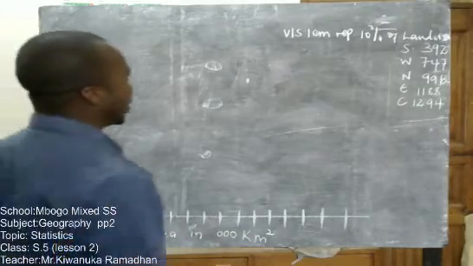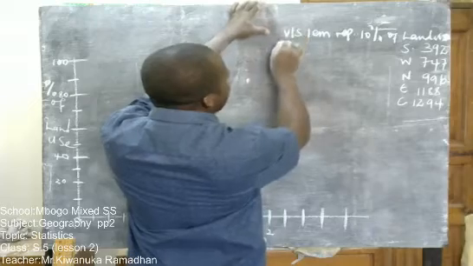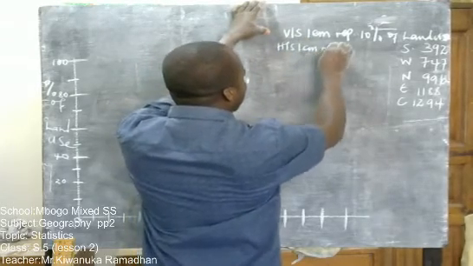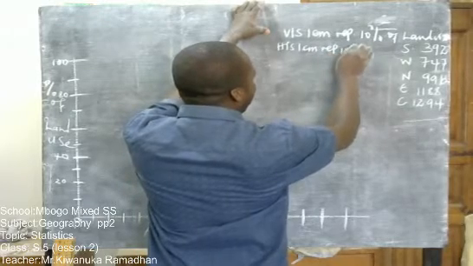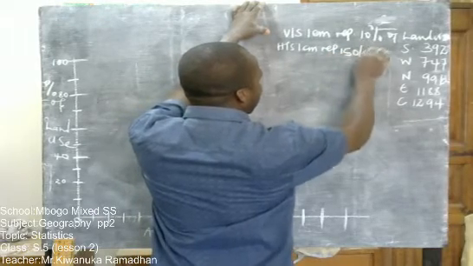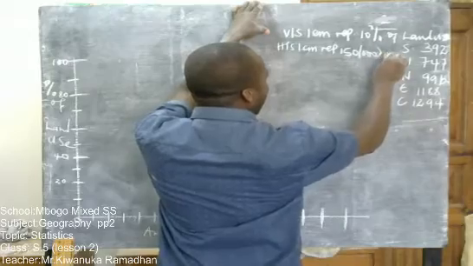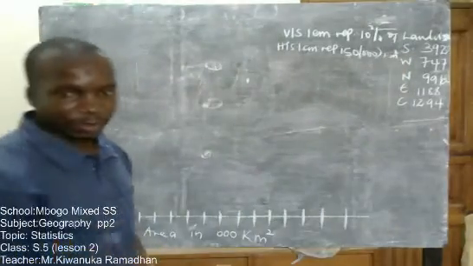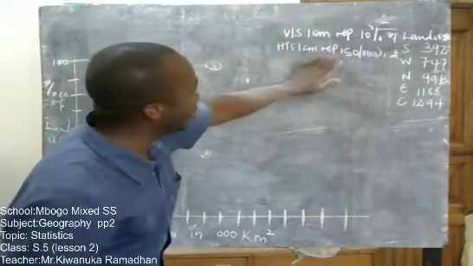Then horizontally, we upgrade horizontal scale, that 1 centimeter. Let us use 150. 150 what? 1,000 square kilometers. 150,000 square kilometers.